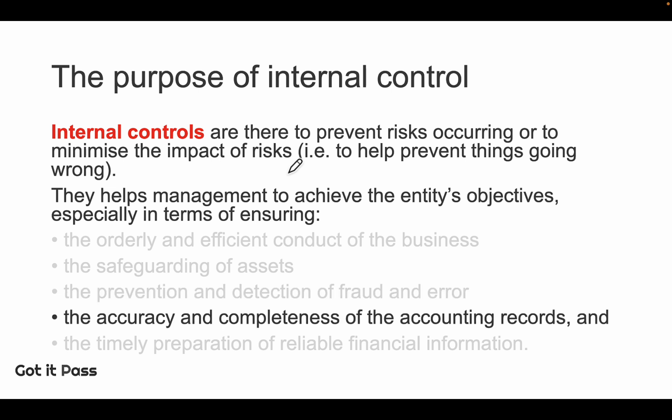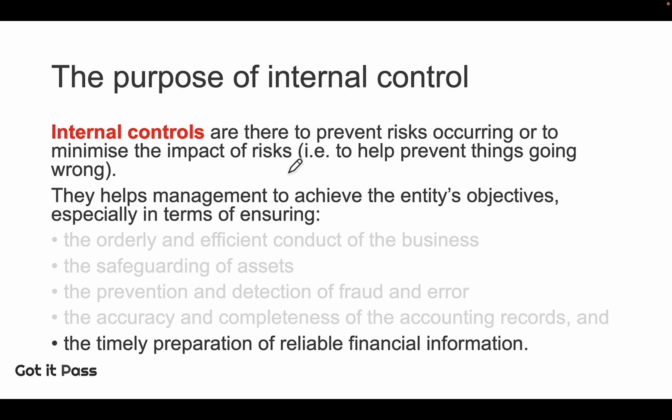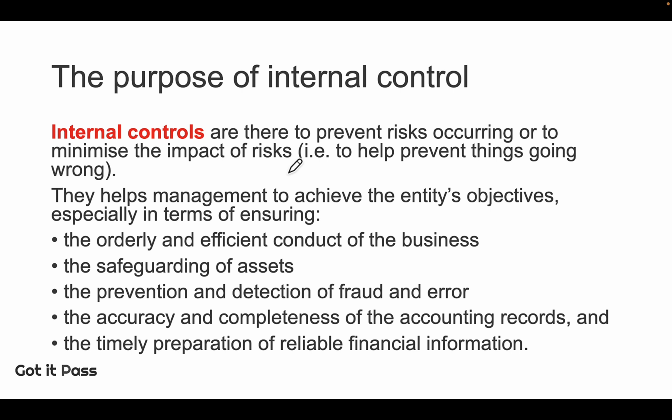And fourth, the accuracy and completeness of the accounting records, and the timely preparation of reliable financial information. So here are the areas the management would like to achieve. And remember, internal control is about the risk prevention process.